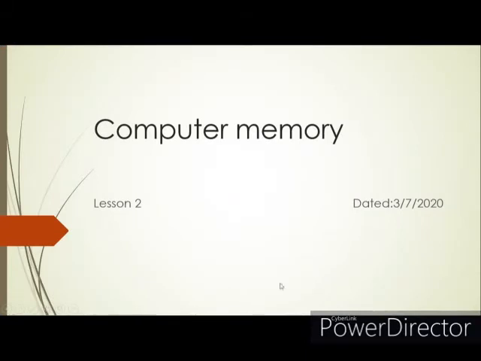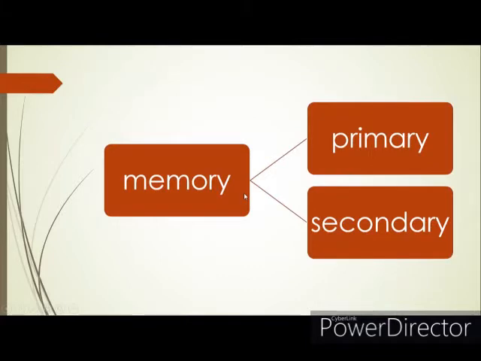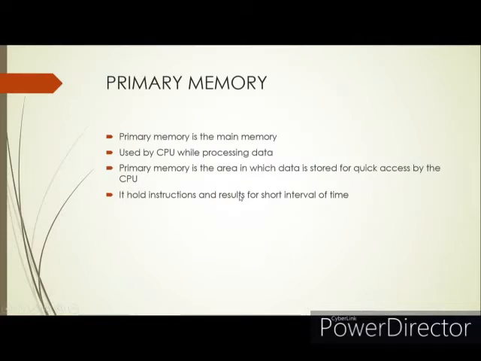So dear children, let us start our lesson, lesson 2 already started. What are the things we have learned? Yes, definition of memory. What is memory? The amount of information stored inside the computer is called its memory. And memory is divided into primary memory and secondary memory. Okay, what are the specialities of primary memory?